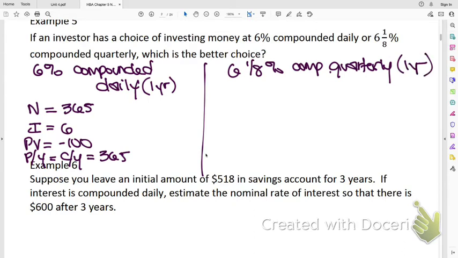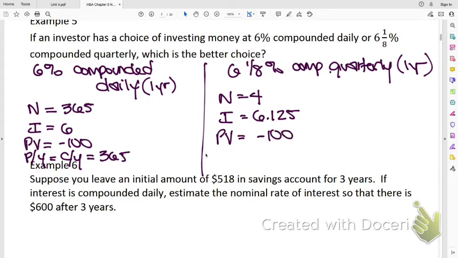So what's going to change here? What's going to be my N? 4. I is 6 1/8. Can you enter that as a fraction? Probably not. I would have to do 1/8 in my calculator. That's going to be 6.125. Use that. I'm going to keep my present value the same.